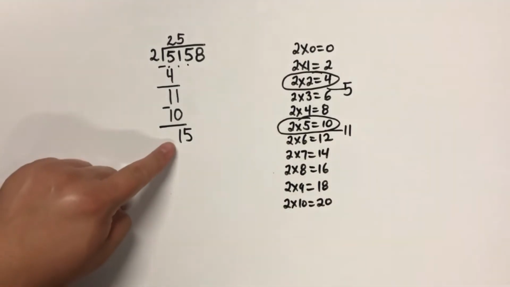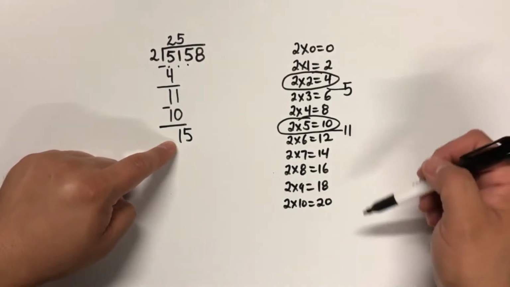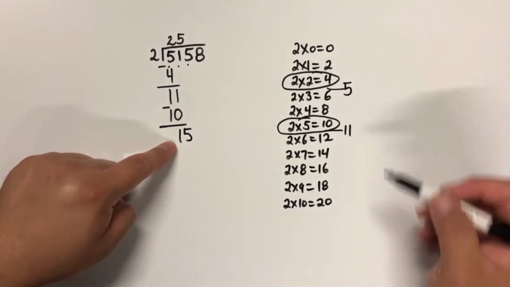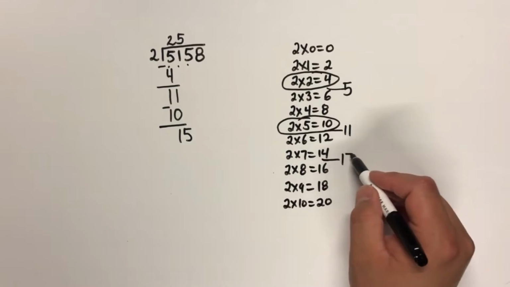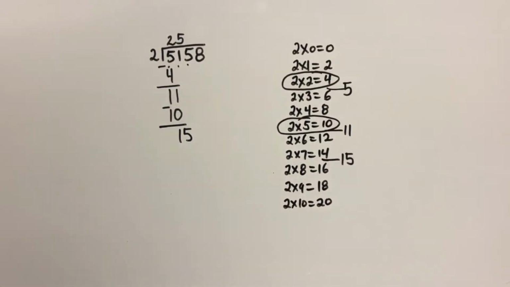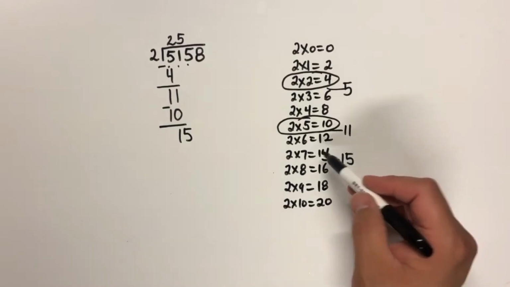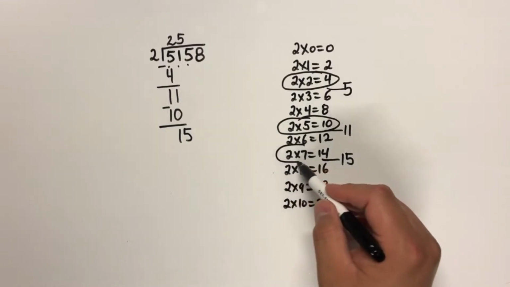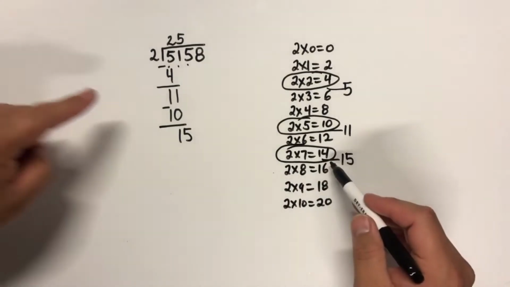And I'm going to repeat what I've been doing. I'm going to squeeze the number 15 in between two numbers in the multiplication table. I can see that the number 15 is in between the 14 and the 16, right there. And between the 14 and the 16, the smallest one is the number 14. So I'm going to circle that expression, 2 times 7 equals 14. And I'm going to use those numbers over here.